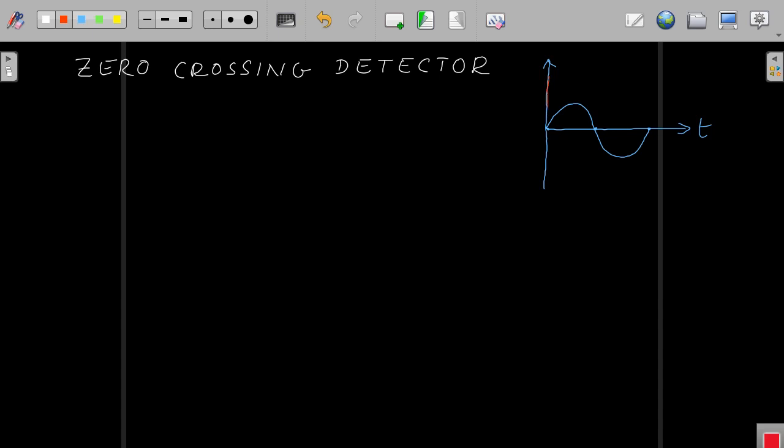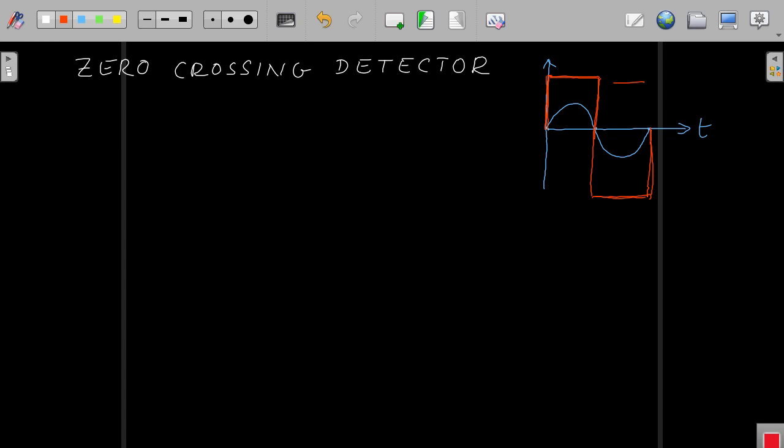I will draw the output also on the same frame so that you can easily understand this. It will be something like this, right? So please draw both the waveform of the same size. Maybe here I have not drawn it like that.